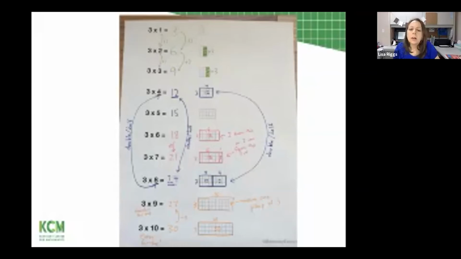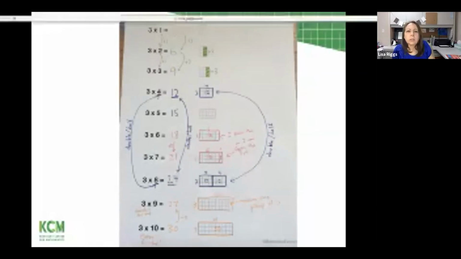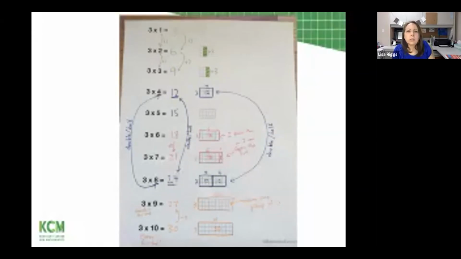So you can see that progression. If we know one group of 3, then if we double that, we're adding on another group, and there's the 3s thinking of the double plus another group. Okay. And then our connection from 3 times 4 and how that connects to 3 times 8.